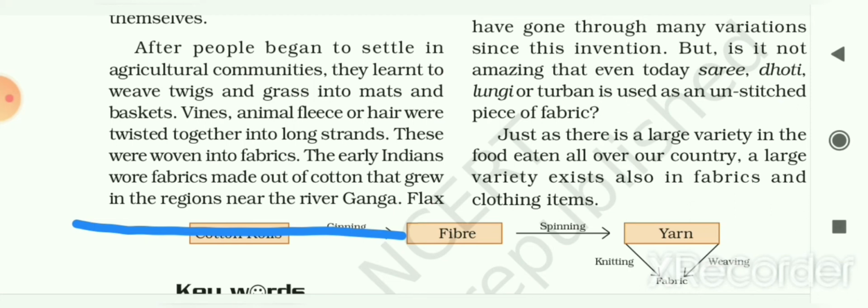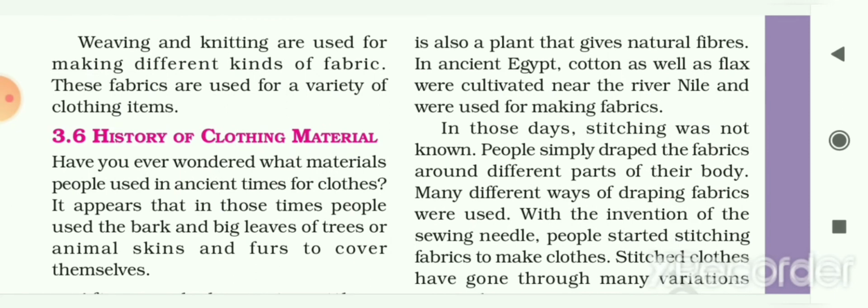The early Indians wore fabrics made out of cotton that grew in the region near the river Ganga. Flax is also a plant that gives natural fibers. In ancient Egypt, cotton as well as flax were cultivated near the river Nile and were used for making fabrics.